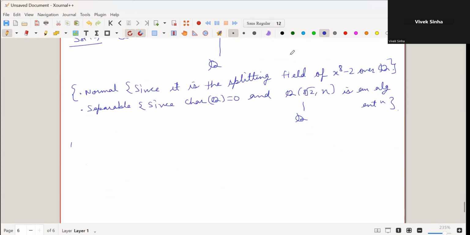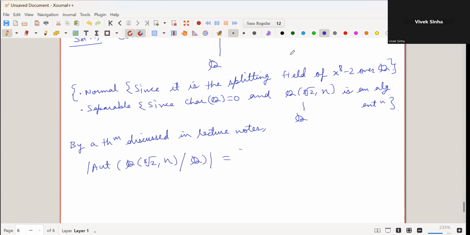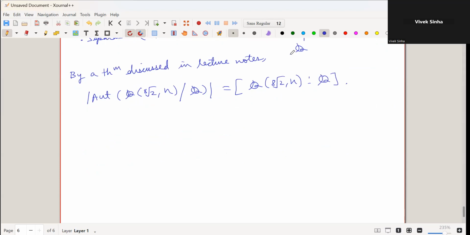By a theorem discussed in the lecture notes, we have the order of the automorphism group equal to the degree of Q adjoined eighth root of 2 and eta over Q, the dimension of Q adjoined eighth root of 2 and eta over Q, right? And what is the dimension of it?